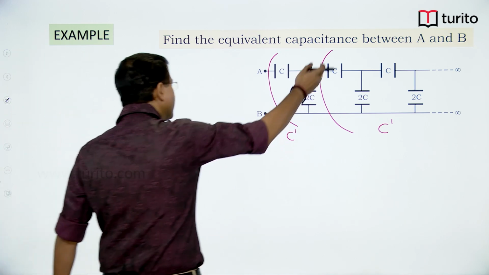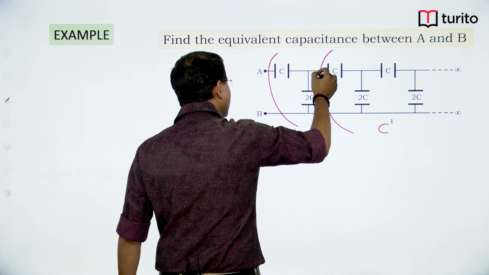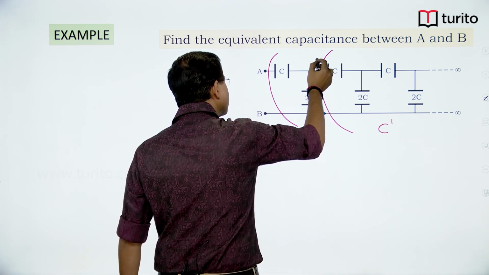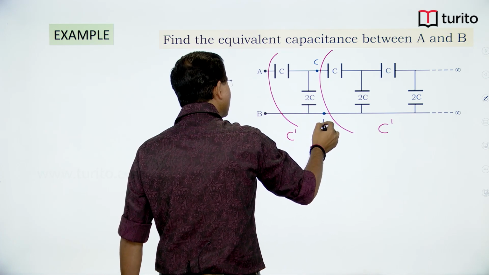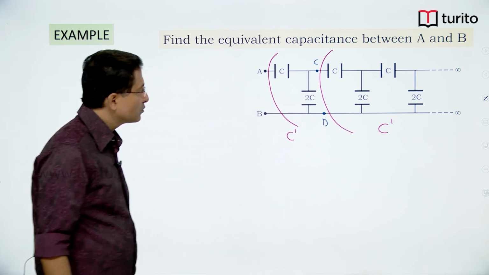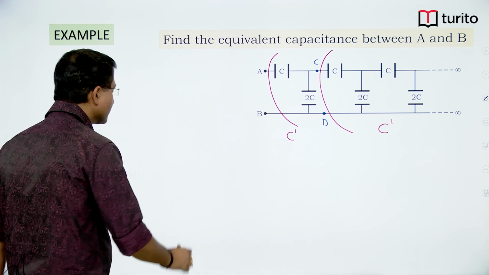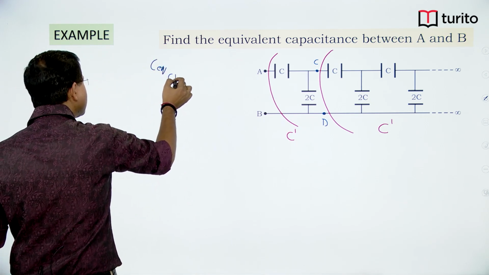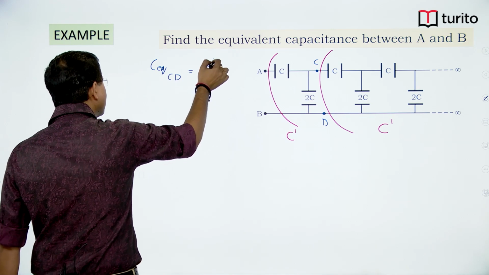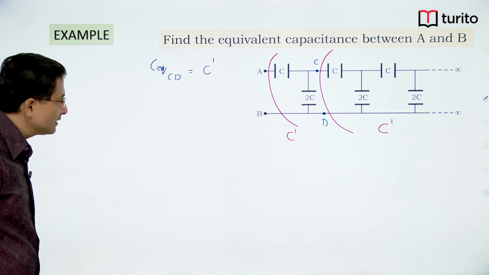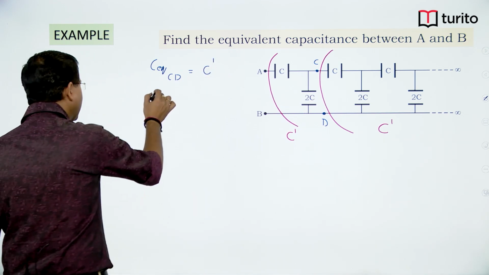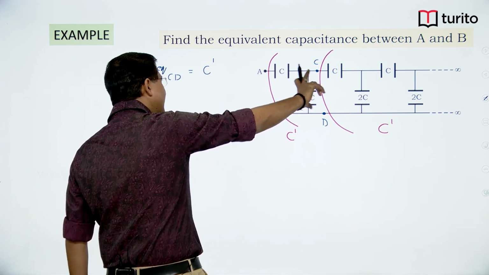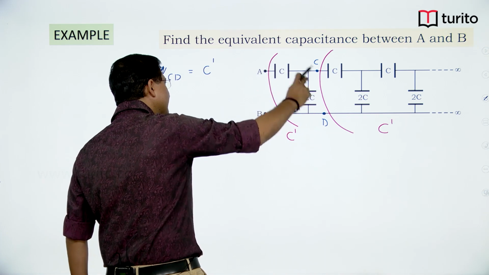So, up to here, let us call it C and let us call it D. So what I am saying is C equivalent between CD is assumed C dash, and if I just add one more unit in CD, this is our unit, right.